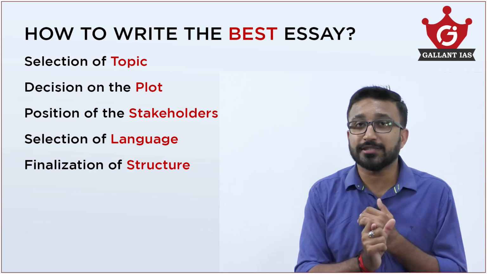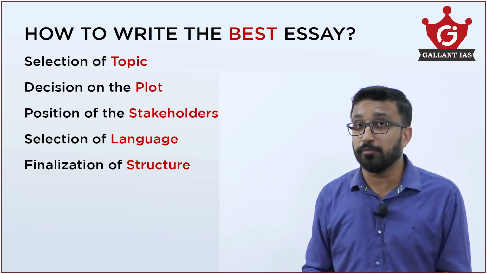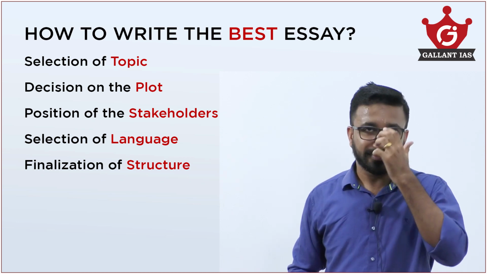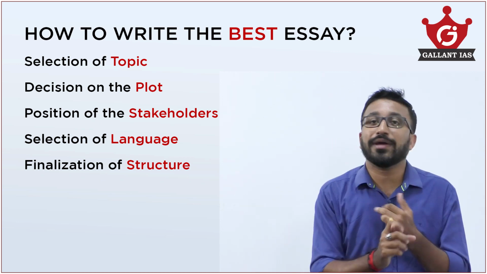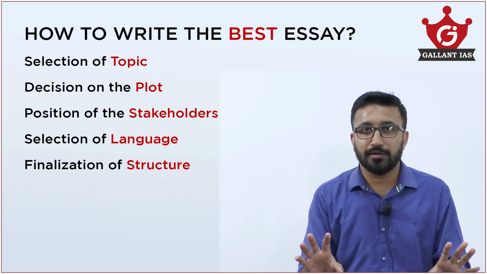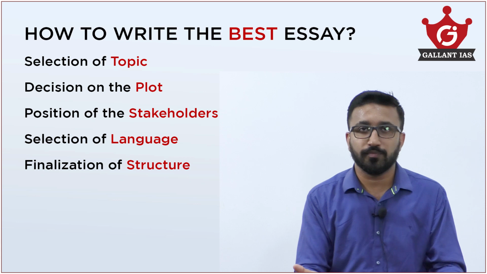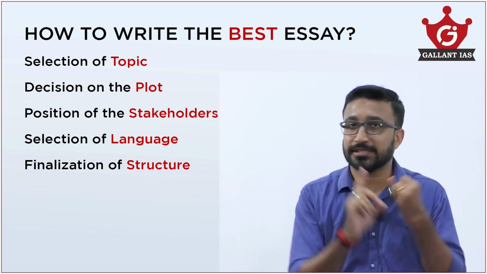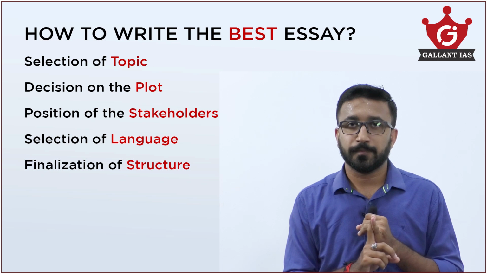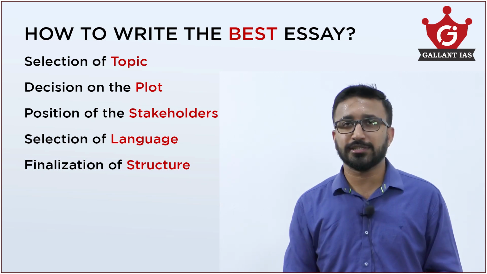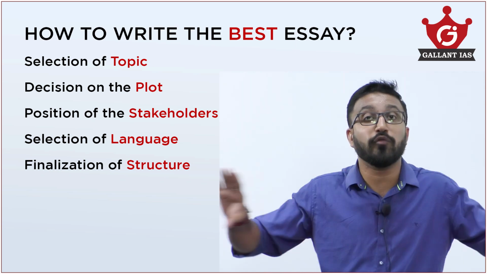The next part, and the best part of storyboarding, is to make the essay interesting. So how to make an essay interesting? It is through a properly crafted storyboard. In order to write a good essay, you need a well-structured storyboard with clarity of thoughts, coherency of dimensions, and good flow of words.